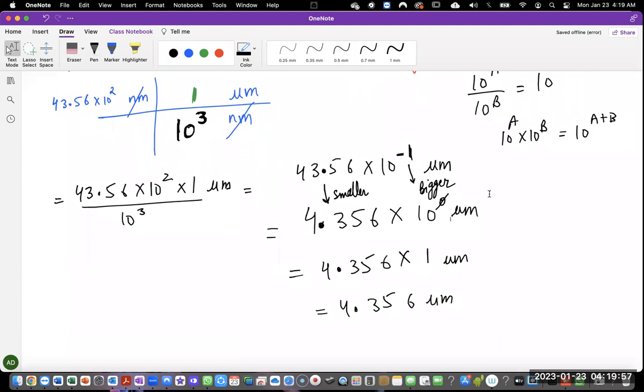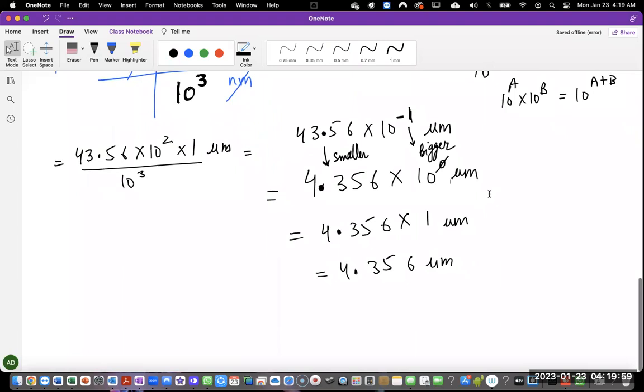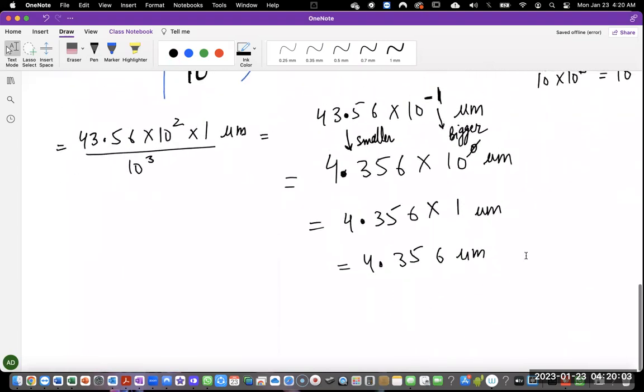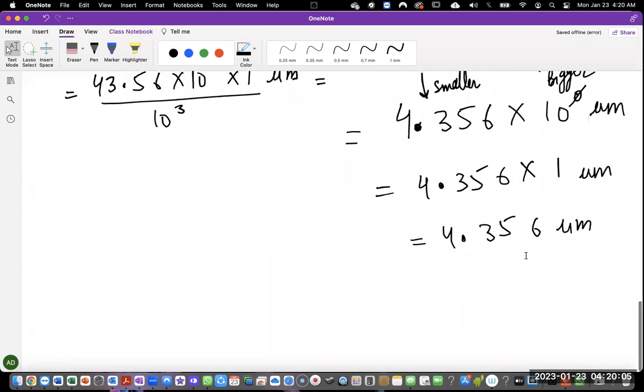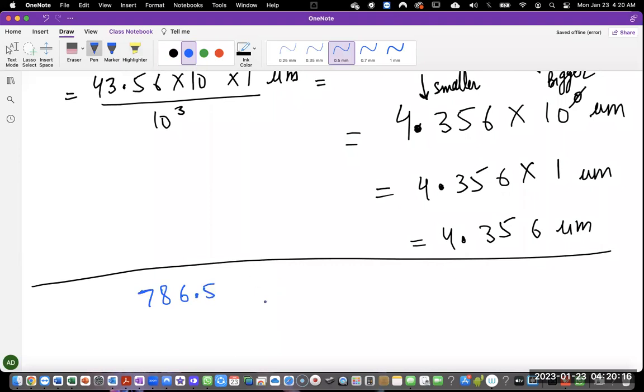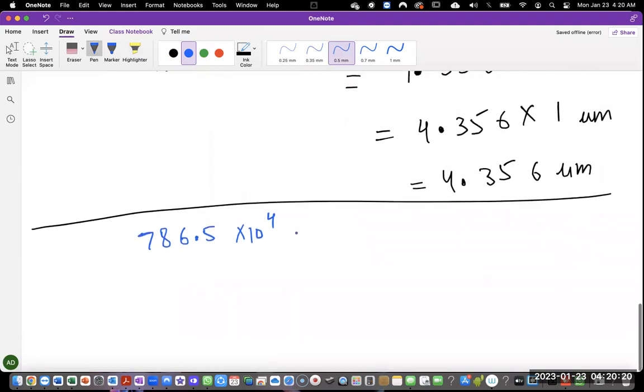All right, now let's do another problem. I want to do a problem where we don't have a prefix in the front. Okay, so let's try a problem like that. Let me give you a number here. 786.5 times 10 to the power 4 grams, and we want to change that to, let's say, milligrams.